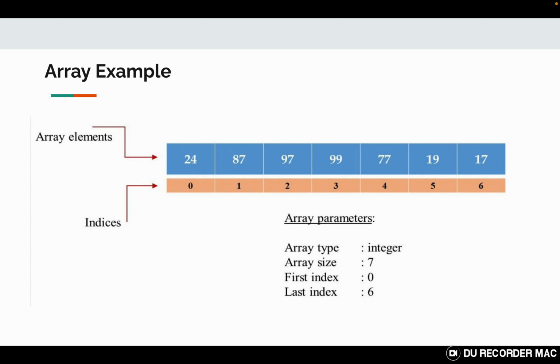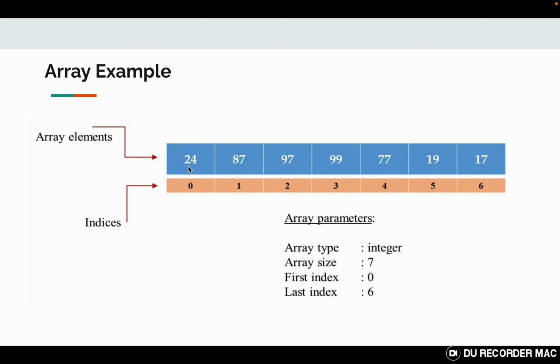Now if I tell you an example, this is one of the classic examples that is present in your textbook. These are the array elements: 24, 87, 97, 99, 77, 19 and 17. Below these array elements there are indices. Indices is nothing but the position.